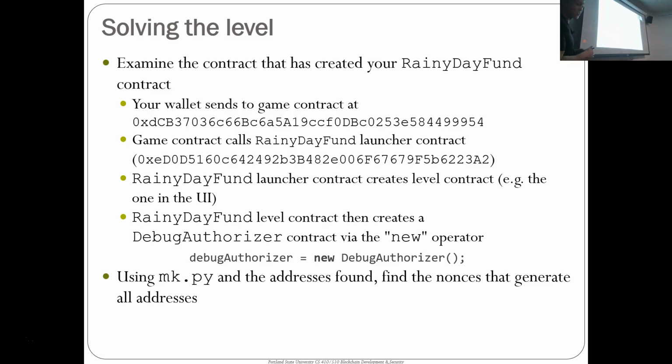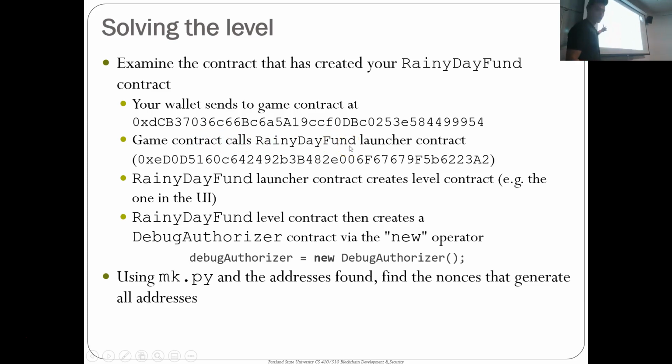So when you initiate, this is how the level contract gets instantiated. You send money to the overall game contract. So this is the address of the SICTF, the overall contract. And then this smart contract will basically call and transfer the money over to your rainy day fund launcher contract.